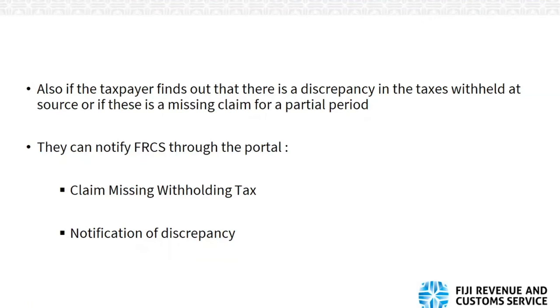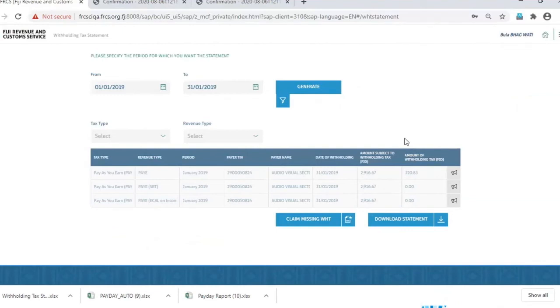So the employee at that time can notify FRCS through the missing claim withholding or notification of discrepancy. I'll just demo quickly how the employee can submit this missing claim notification and discrepancy notification. So we'll go back to the withholding statement screen of the taxpayer, and the selection is still January.